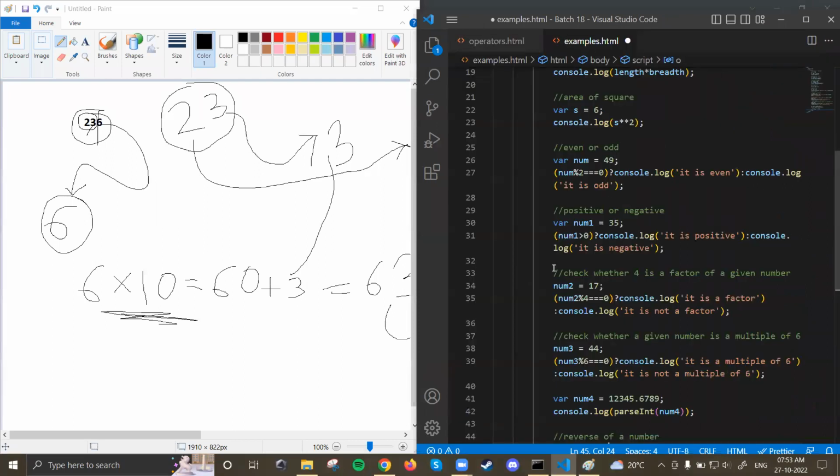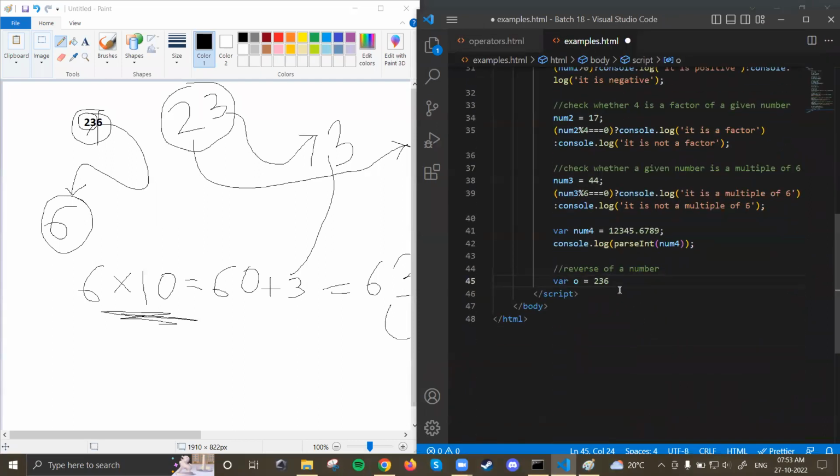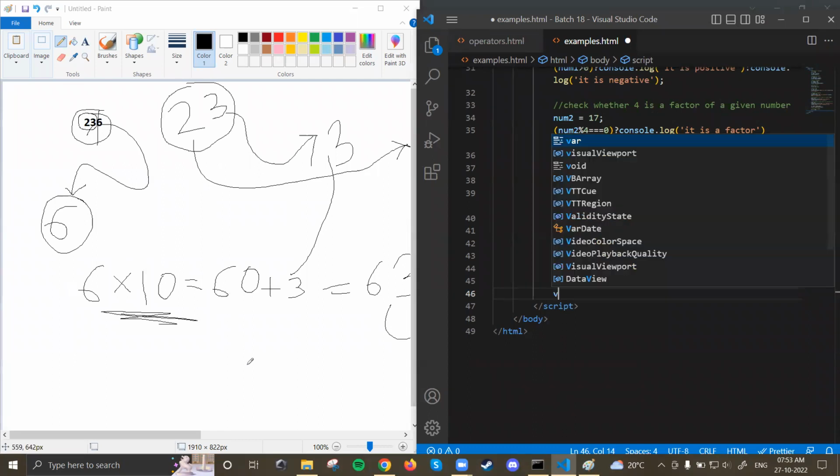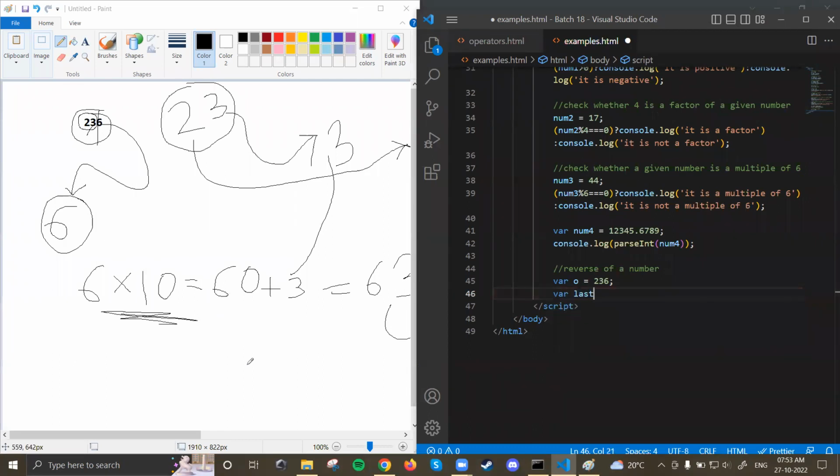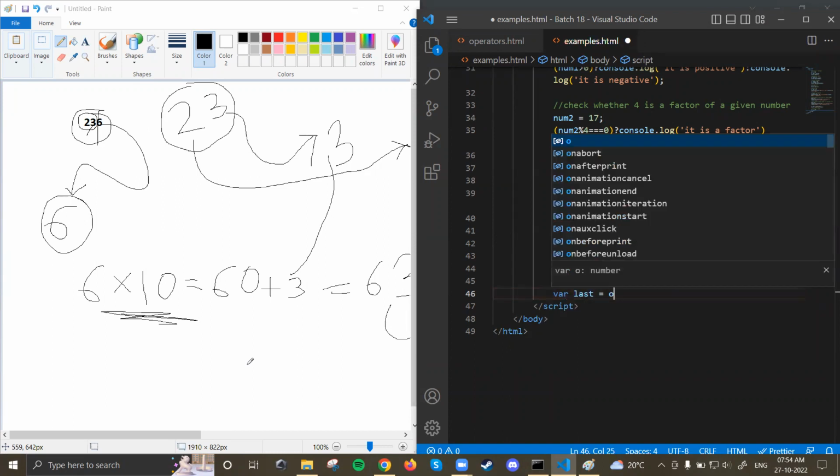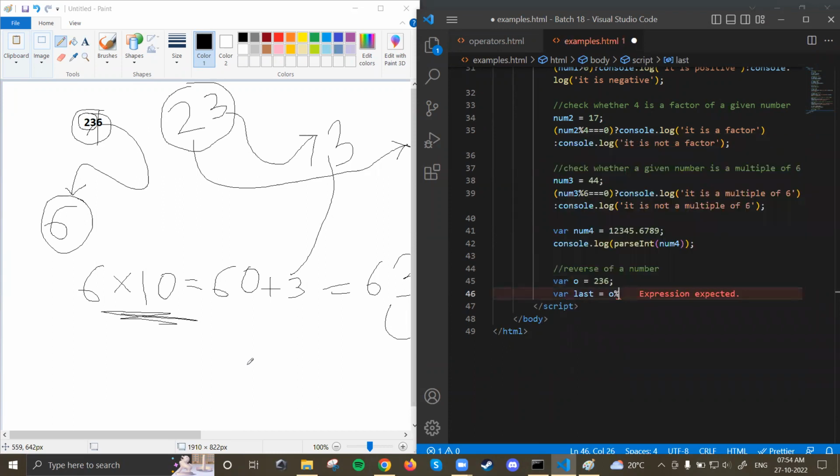So what we'll do is, first we have O equal to 236. Now we have to separate the 6. For that, we have to separate the last digit, isn't it? So I can write last is equal to O modulus 10.